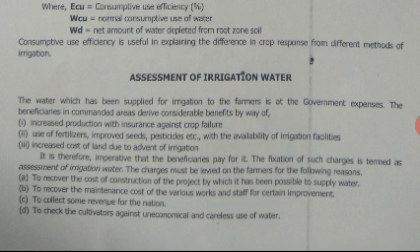Next point is to collect some revenue for the nation, and the last is to check the cultivators against uneconomical and careless use of water. So these are the points coming under assessment of irrigation water.